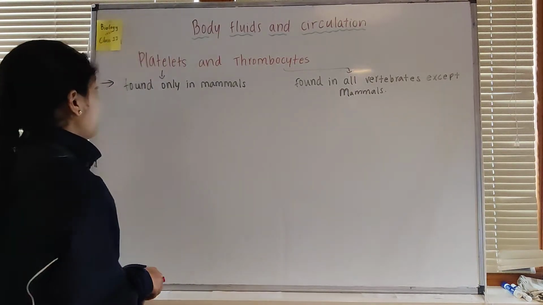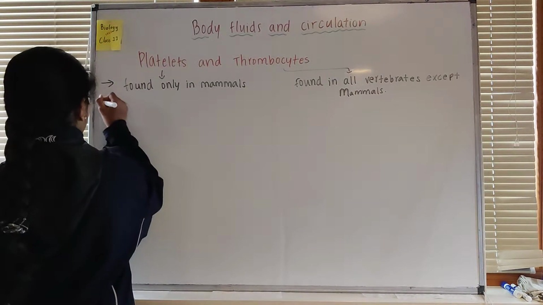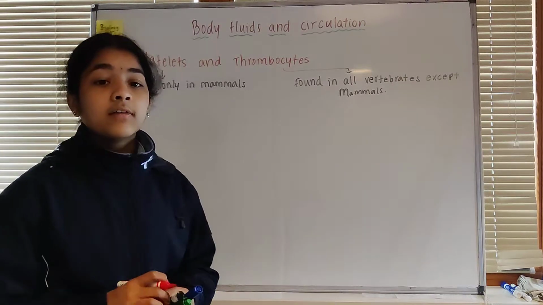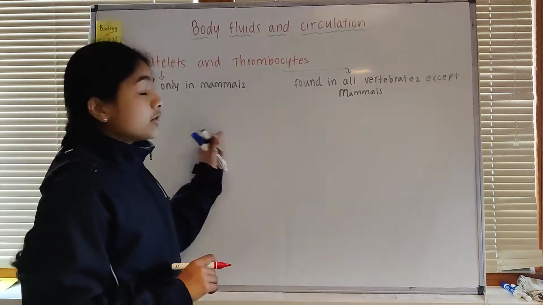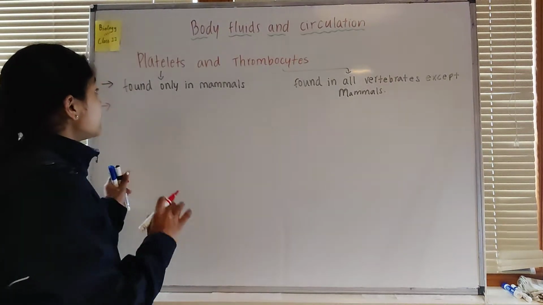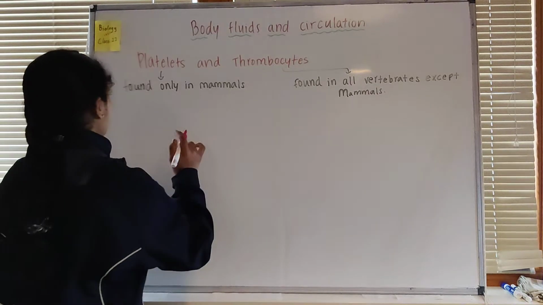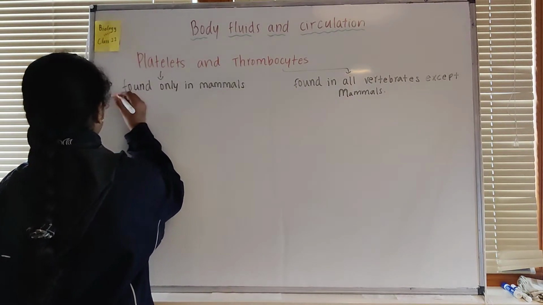Now let's talk about platelets. So we looked at the difference. Platelets are produced from megakaryocytes of the bone marrow.